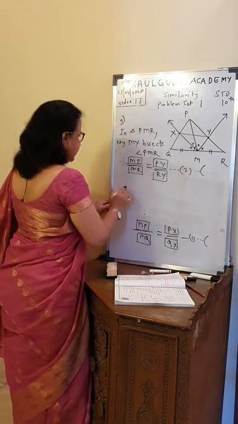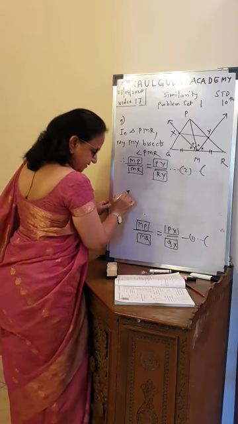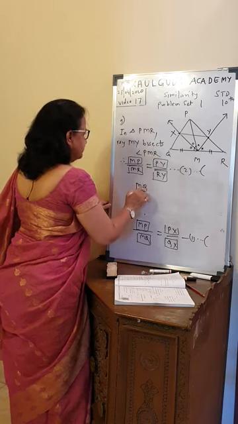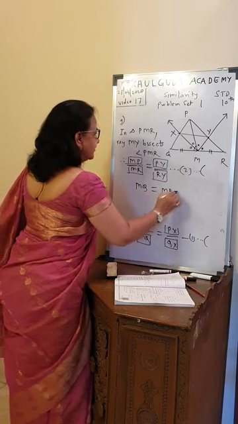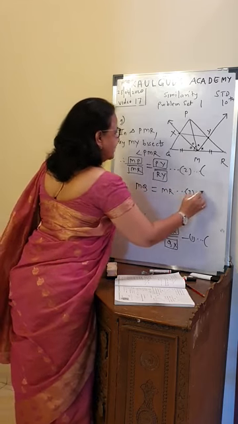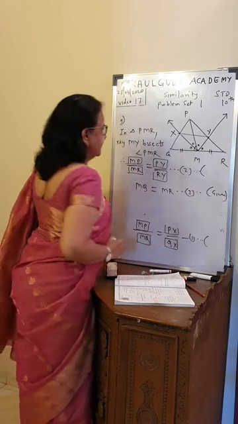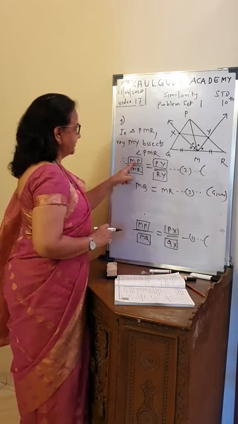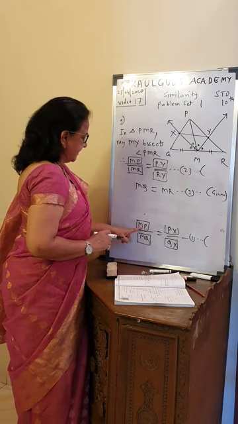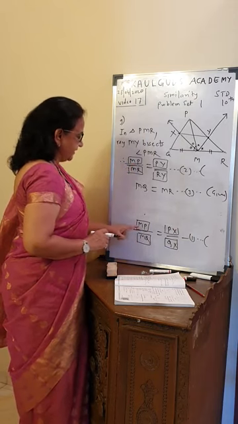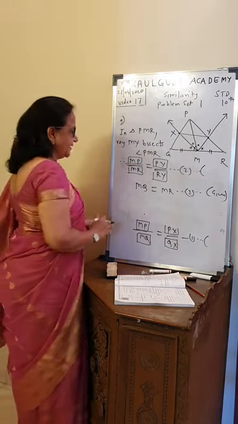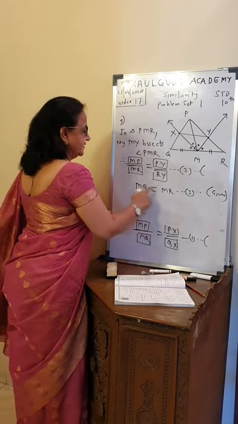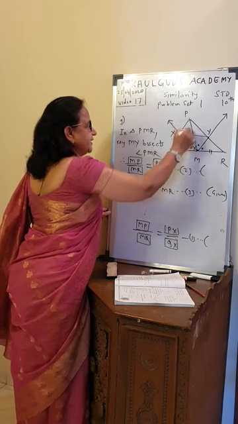Next, MQ equal to MR, given to you because M is a midpoint. So I will first say that MQ equal to MR. You can call it number 3 and in the bracket you can say given. So do you realize MP is the numerator of this number 2 and here MP. Do you see on the left side MP and MP? You got the same term, and the denominators MQ and MR are already equal. Why? Because PM was a median.